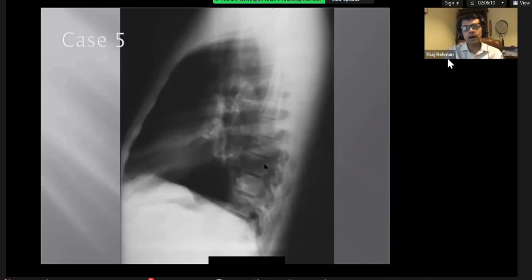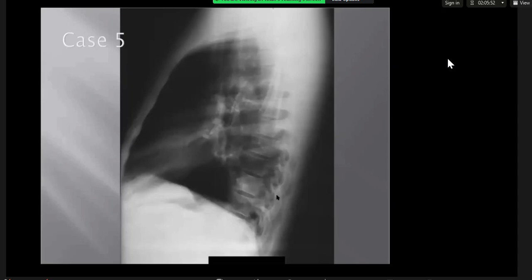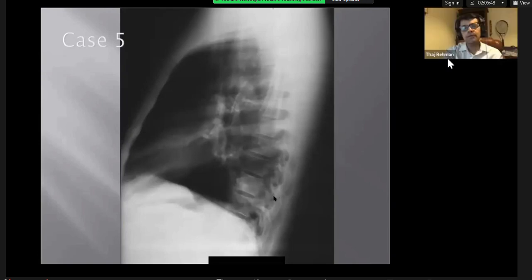I would have expected the lower thoracic vertebrae to be more lucent than the upper thoracic vertebrae. Can you see a variation in density in the vertebrae now, since I have mentioned it? Yes. So, since I've given a clue, do you want to comment on that?